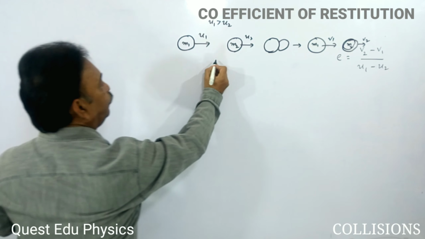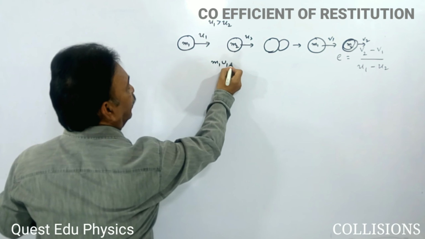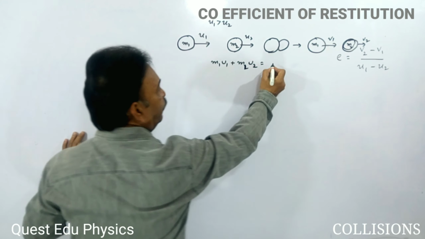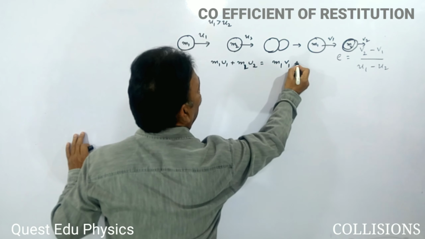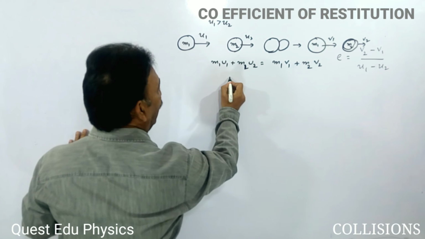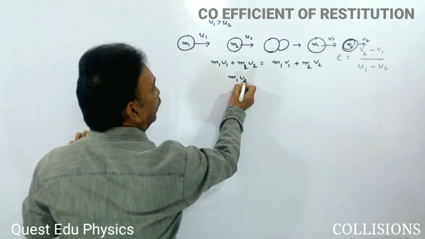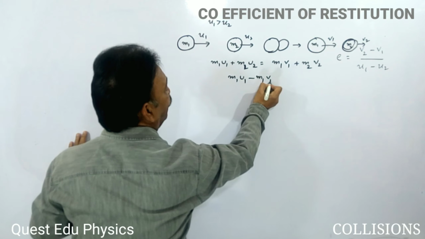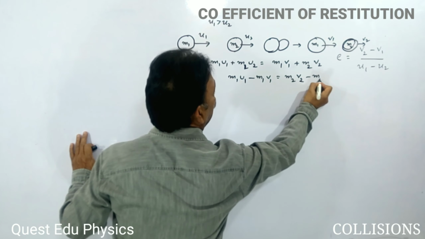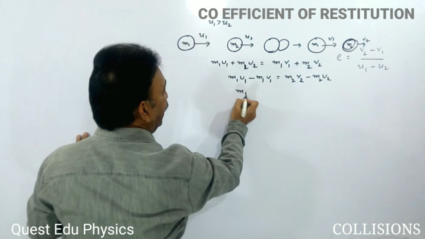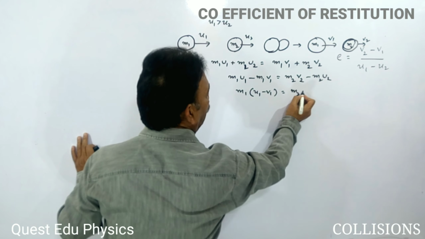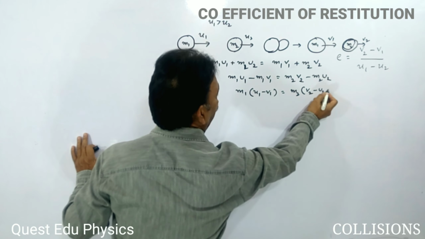We got the relation m1 u1 plus m2 u2 is equal to m1 v1 plus m2 v2. That is, m1 u1 minus m1 v1 is equal to m2 v2 minus m2 u2, or m1 of (u1 minus v1) is equal to m2 of (v2 minus u2).